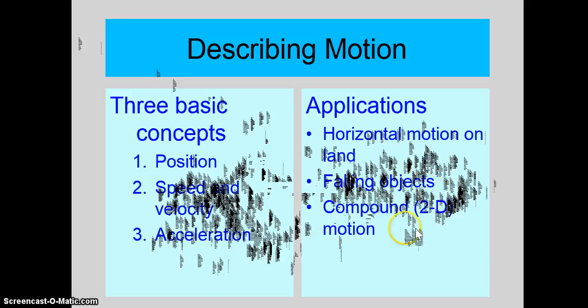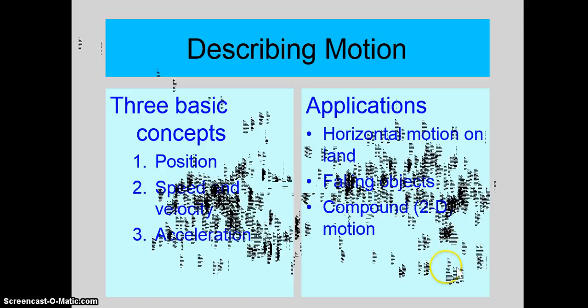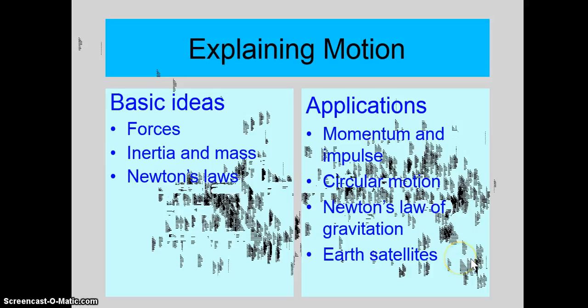And then we'll talk a little bit about compound two-dimensional motion. That is, if an object is moving horizontally and it's falling at the same time, like if you hit a ball horizontally off a cliff, the object would fall as well. All right, so let's move on.